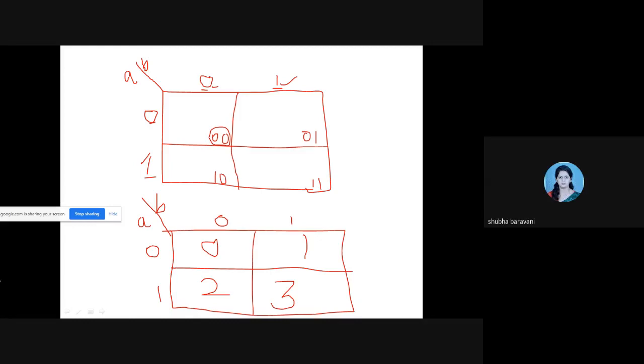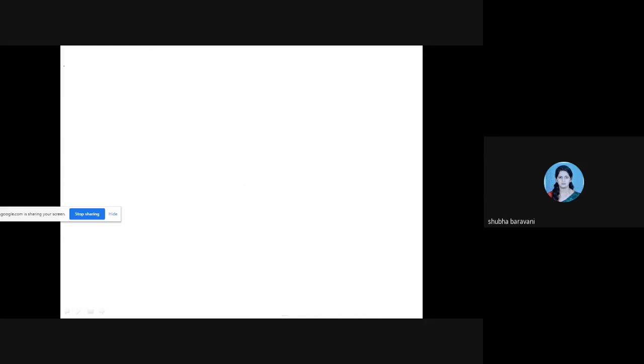Okay. See, when you are asked to draw a K-map for an equation having two variables, you now know that it is a two variable function. First thing is you have to decide how many cells you should draw.